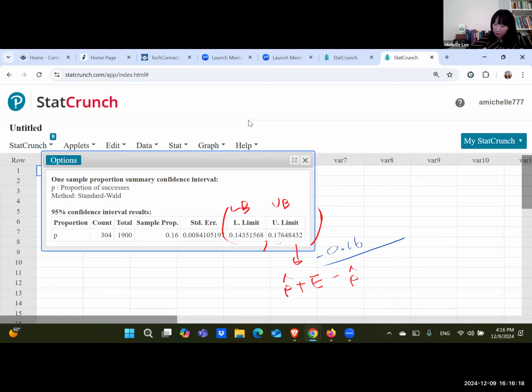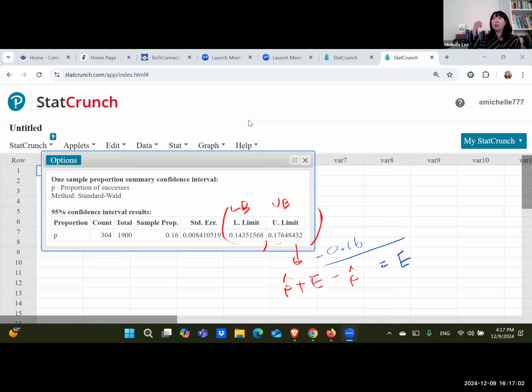There will be the margin of error. Oh, you said without decimal.